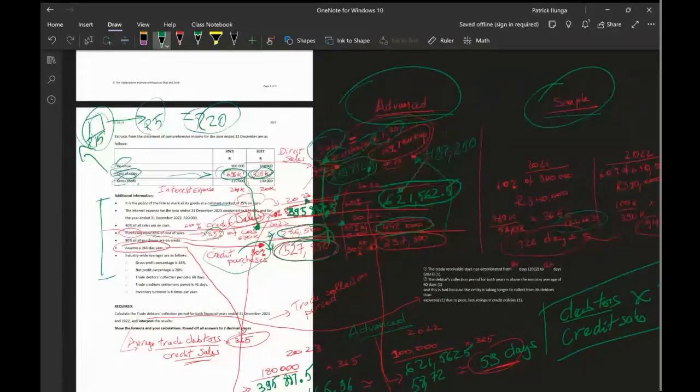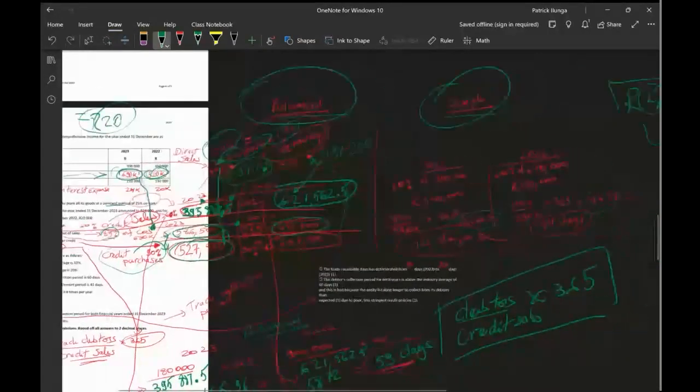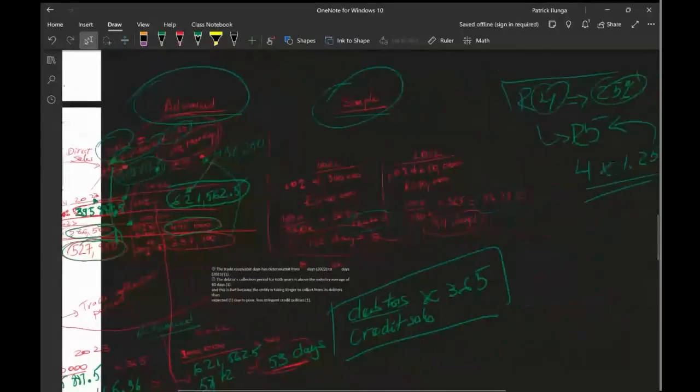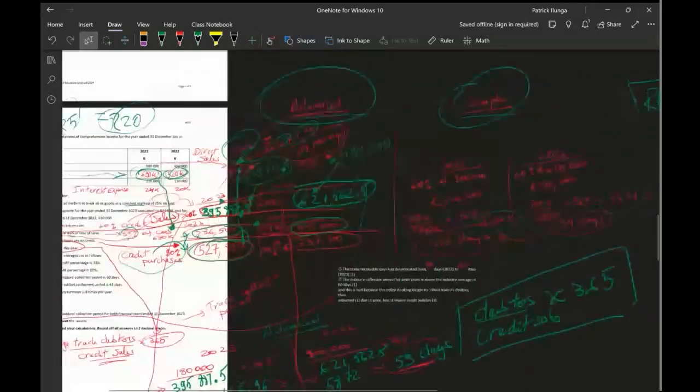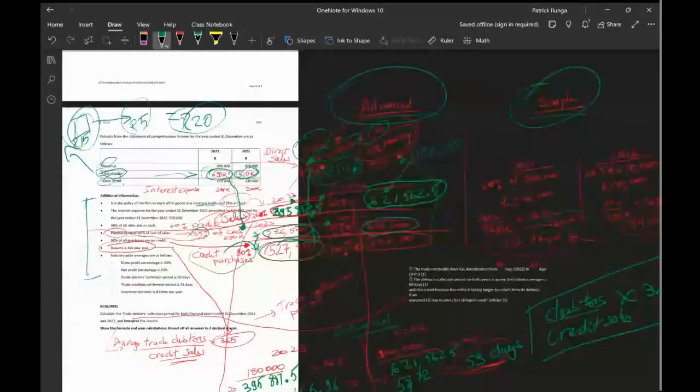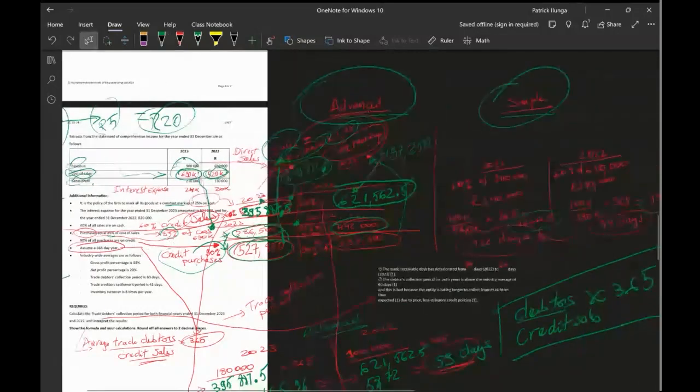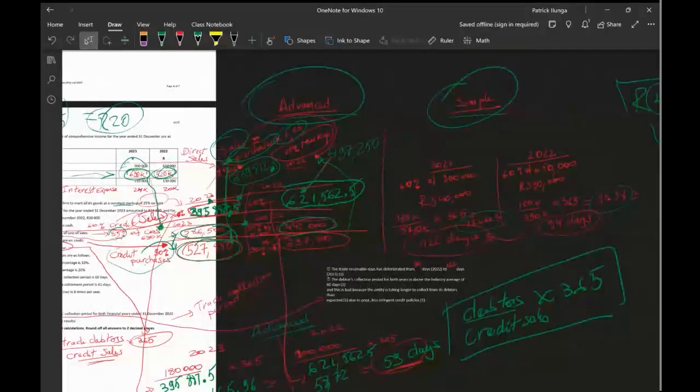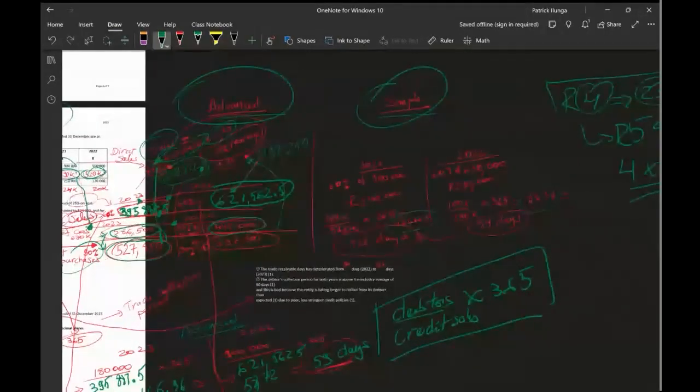Because they told us 40% of all sales are on cash, which means that 60% is on credit. That's why you took the total revenue. We are assuming that the total revenue has to do with the revenue that came from our sales. So 60% of the total revenue gave you this.